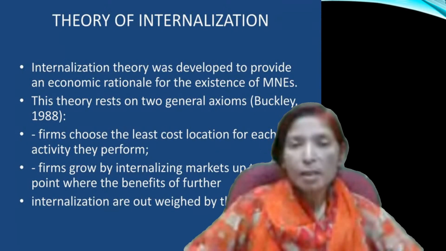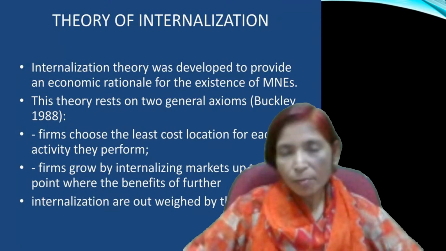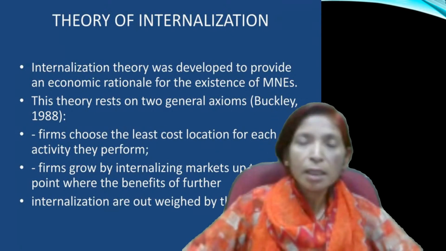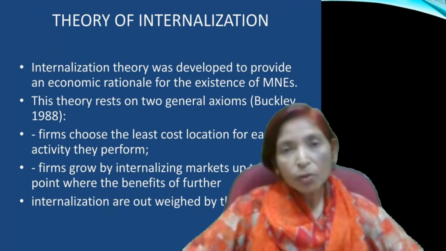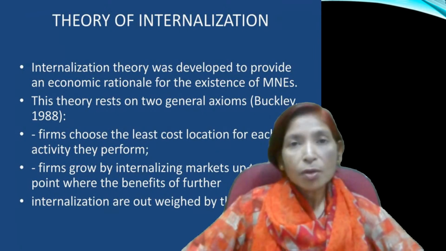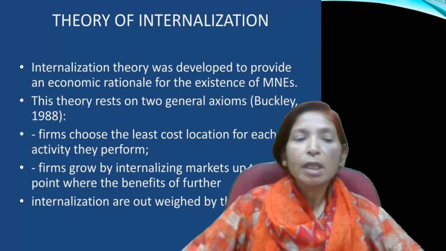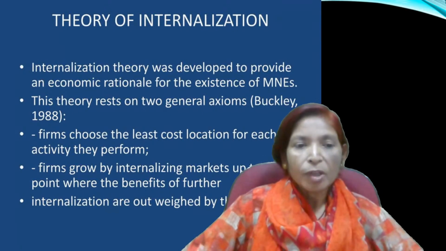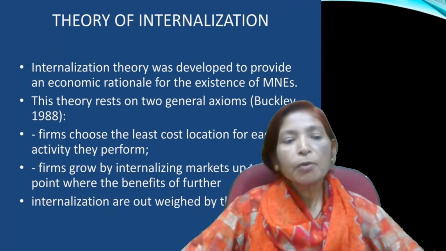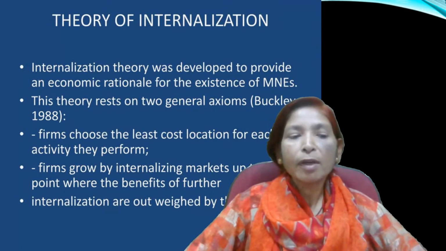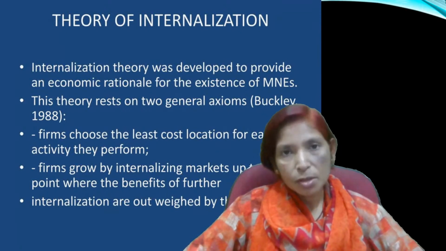So internationalization theory was developed to provide the economic rationale for the existence of multinational corporations, and multinational corporations generally set up their business in that particular host country where they can minimize their cost for each activity which they perform. And second is that firms grow by internationalizing markets up to the point where the benefits of further internationalization are outweighed by the cost.